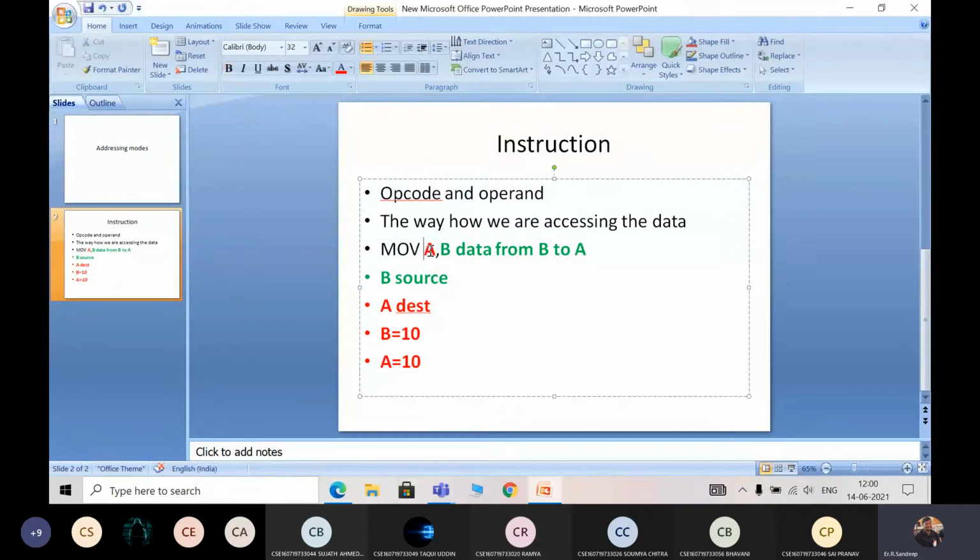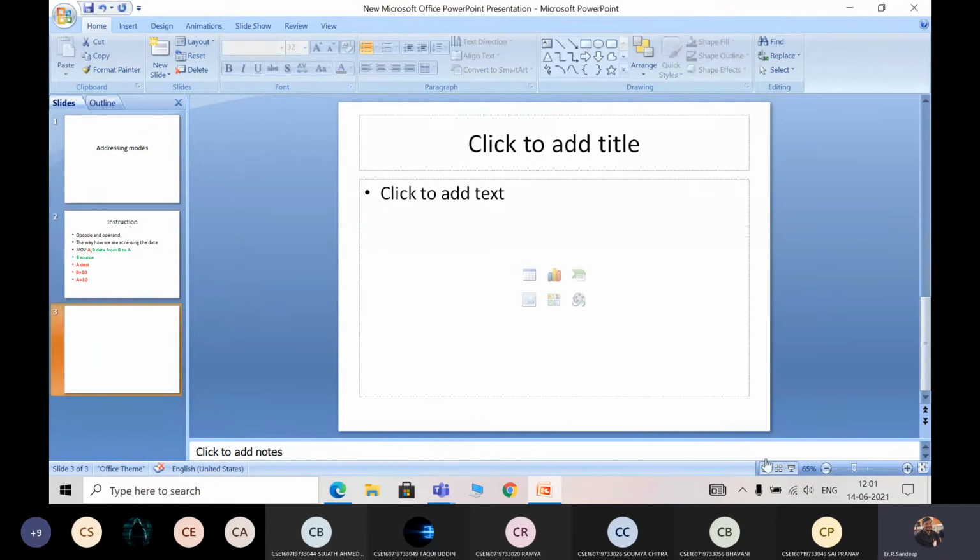Because we are making use of two registers, A and B. This is one of the addressing modes supported by the 8086 processor. In a similar way, there are almost 10 addressing modes supported by the 8086 microprocessor.